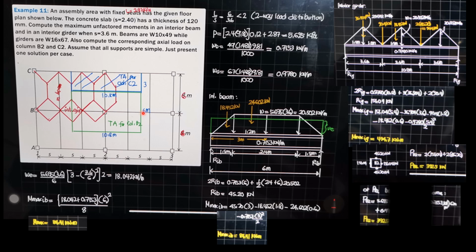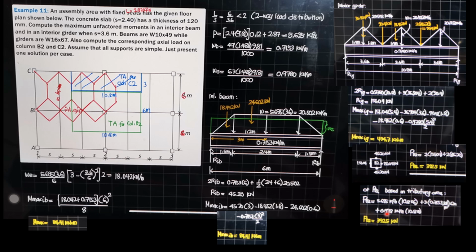So PB2 based on tributary area is 5.695 kilopascals times the tributary area 10.8 times 6, plus 3 interior beams: 3 times the beam weight of 0.7153 kilonewton per meter times the length of each beam, 6 meters.